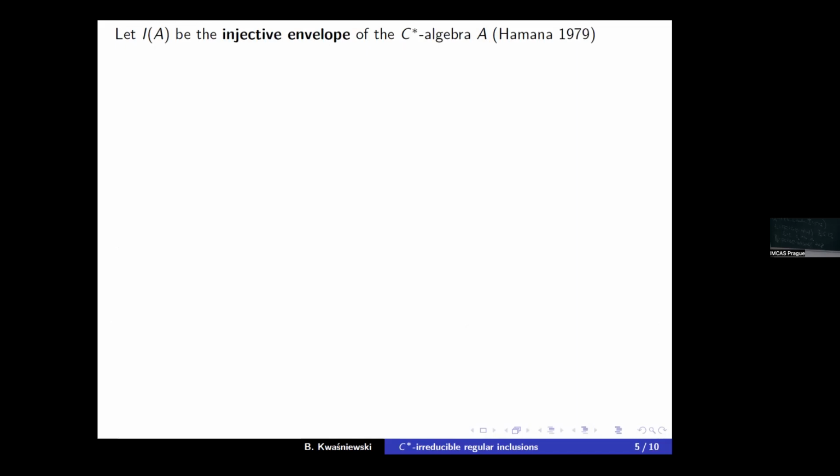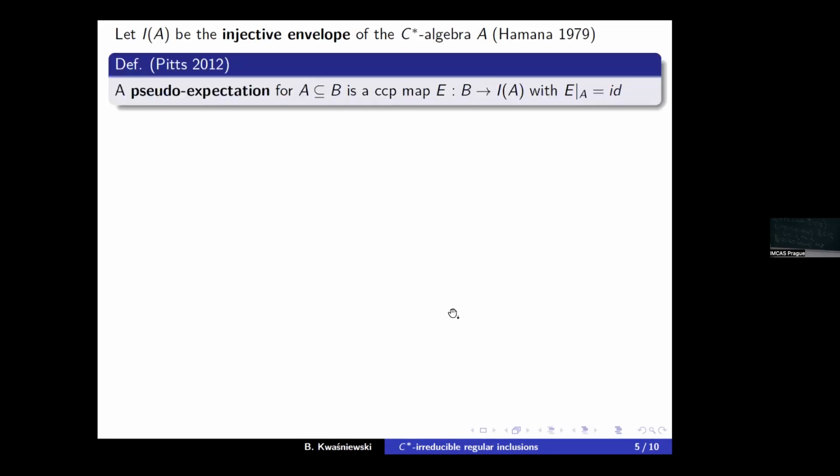This is I(A). And this injectivity gives you immediately that the inclusion of C*-algebras is a perfect embedding in this category of completely positive or completely contractive maps. And by injectivity of A, it extends to a map from B not into A, but into I(A).